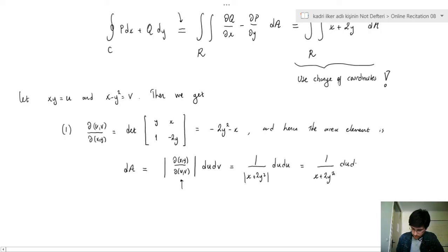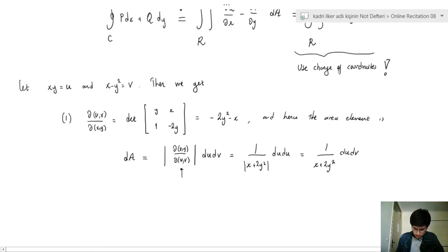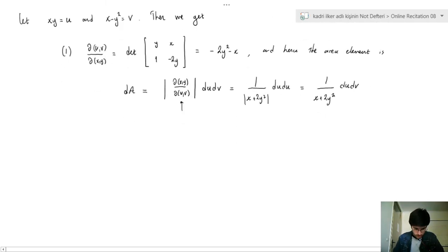Actually, we should write x and y in terms of u and v, but we don't need to, because you will see in a second. And actually, the region R becomes, in this new language, just a certain rectangle, right?